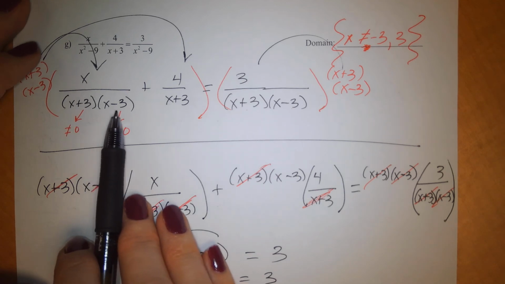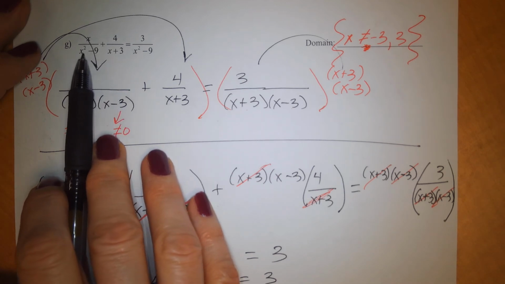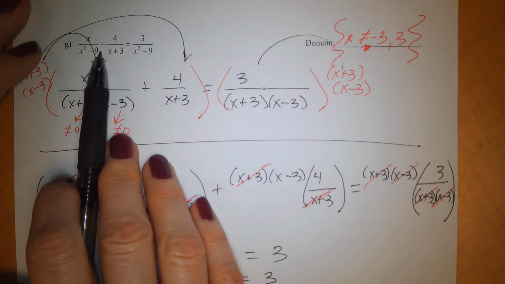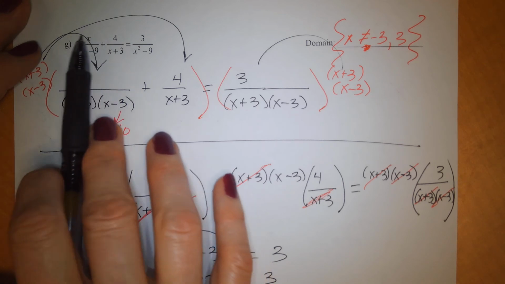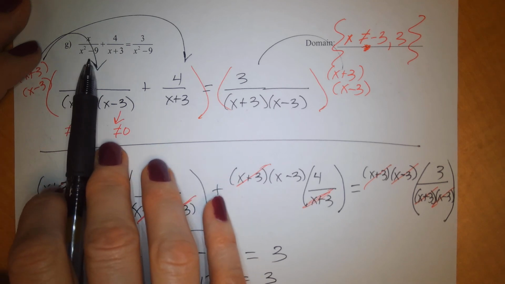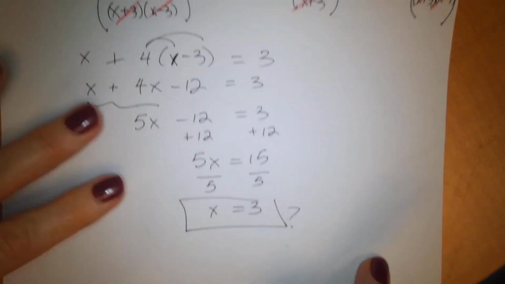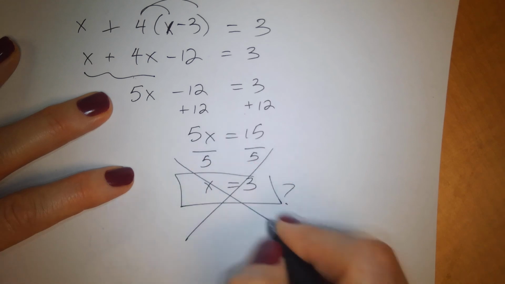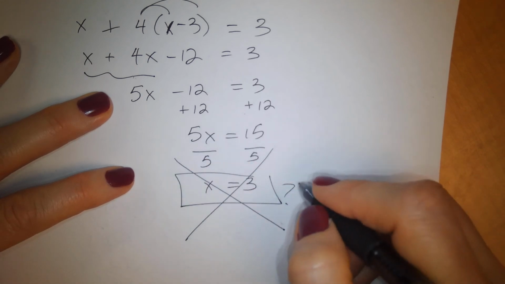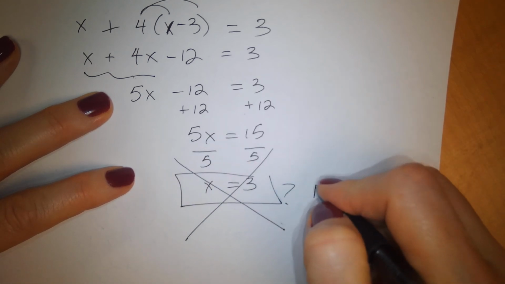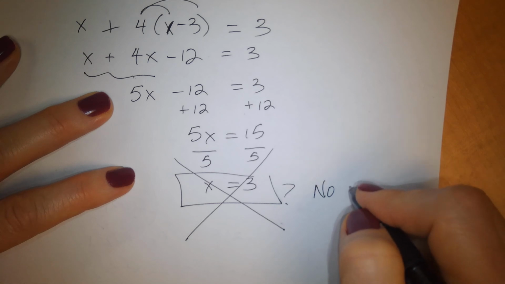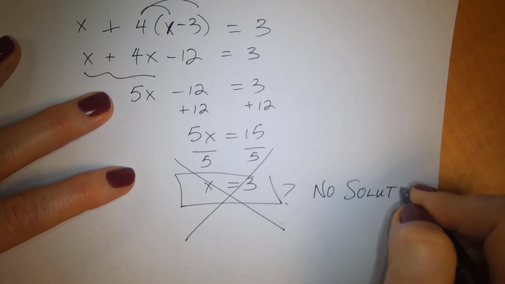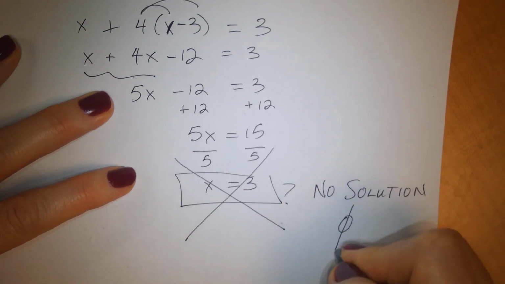If I plug 3 into this denominator here, 3 squared minus 9 is 0. It will give you an error message in your calculator, meaning that this is undefined at 3. So 3 actually is not a solution. So since there are no other solutions, this particular equation has no solution at all. Or it's the empty set.